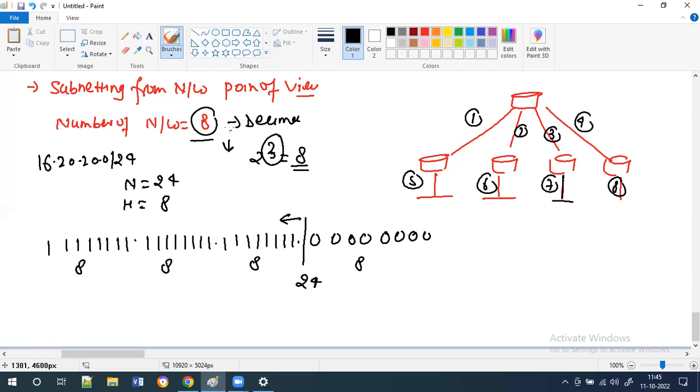Now I am saying move the 3 bits. So we have to move these 3 bits to the network side. If I move 3 bits, in total we have 24 plus 3, 27.